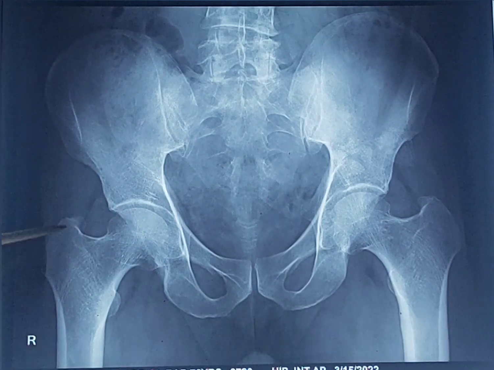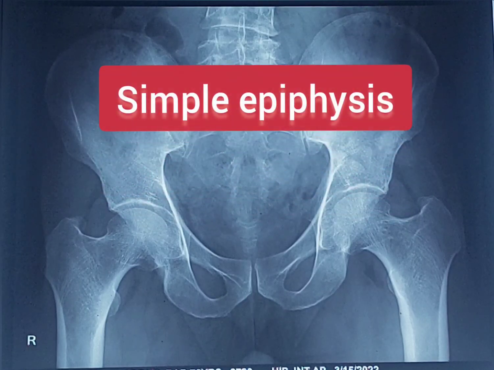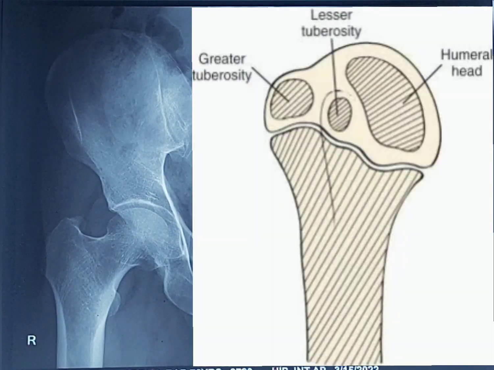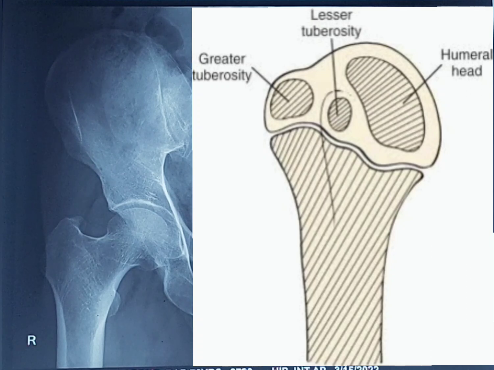So all these three epiphyses are examples of simple epiphyses, because they appear separately and also join separately at different ages of life after birth. Unlike the upper end of the humerus, which is an example of compound epiphyses, where the epiphyses for the head, greater tubercle and lesser tubercle first unite together to form a single mass of epiphysis.